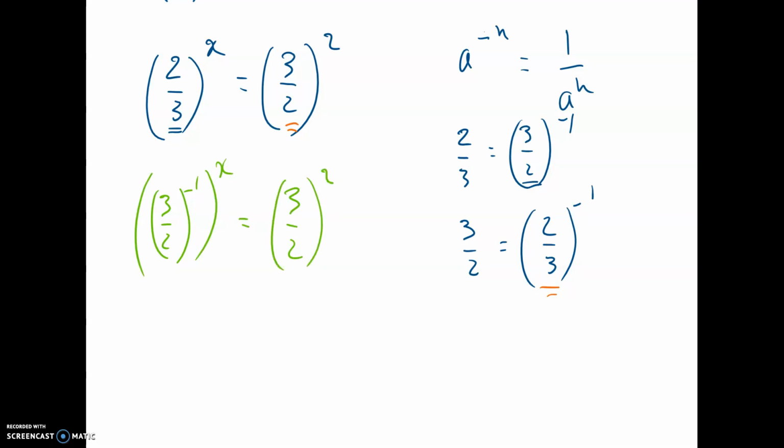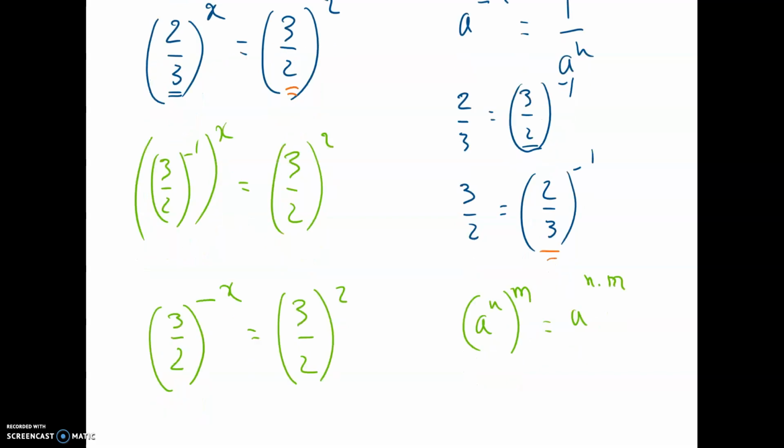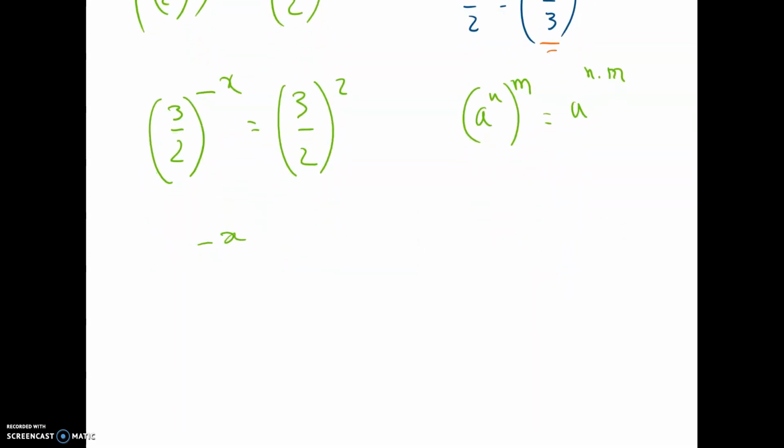Using the same rule of exponent, (a^n)^m equal the multiplication of your exponents, I end up with (3/2)^-x equal (3/2)^2. In that case, I'm going to be able now to equal the exponents, negative x equal 2, and so x equal negative 2.